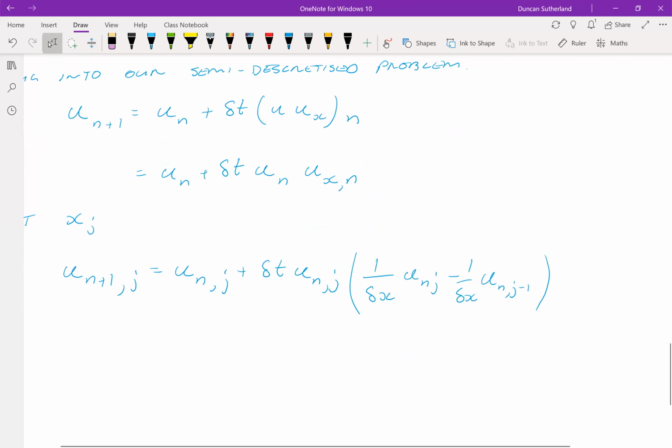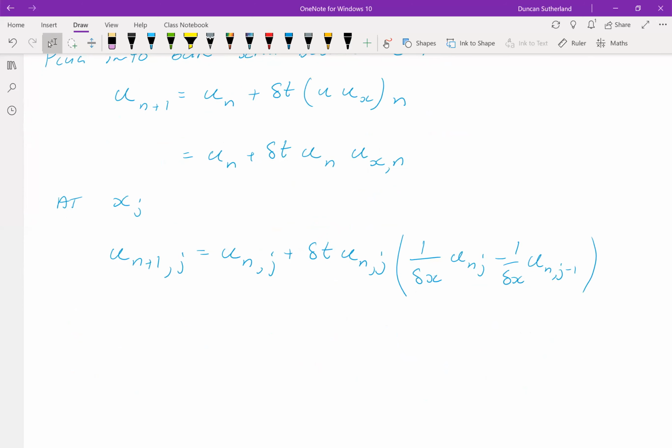And now it's just a case of rearranging for the nicest possible expression. This is what I'd use. Right, some people would write this differently, but this is the scheme applied to our Burger's equation.